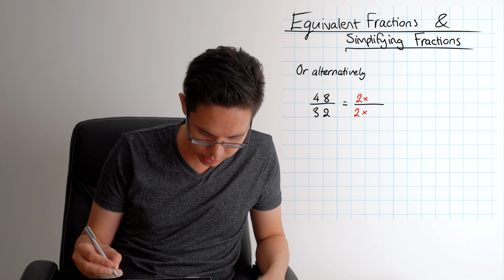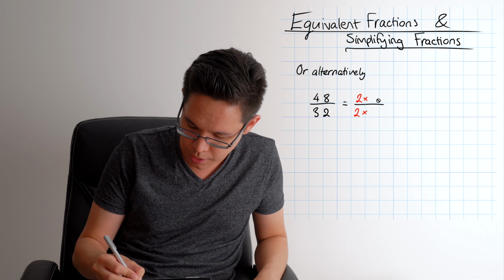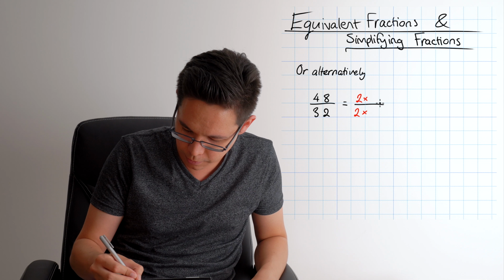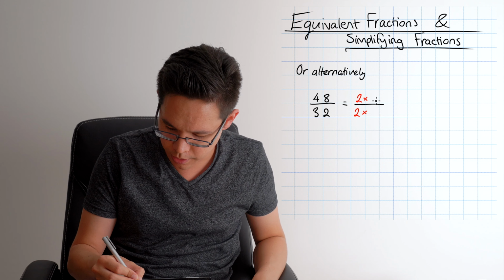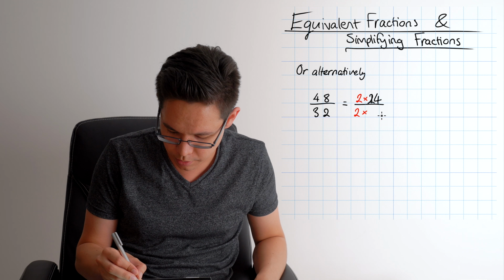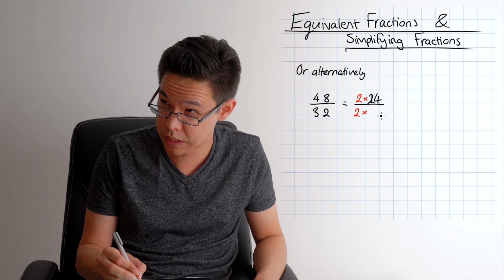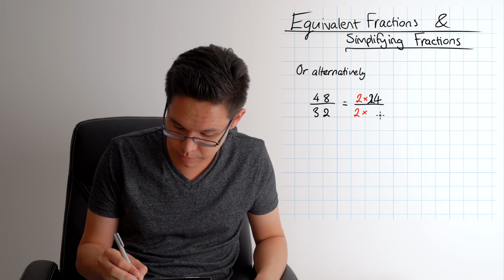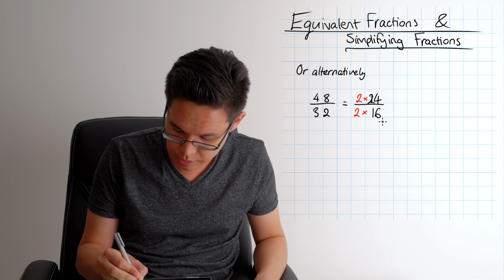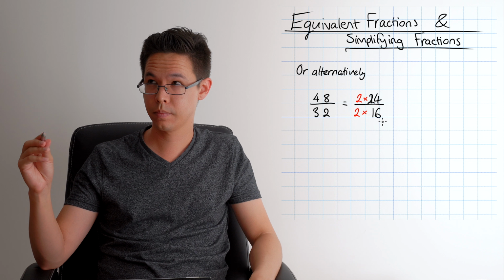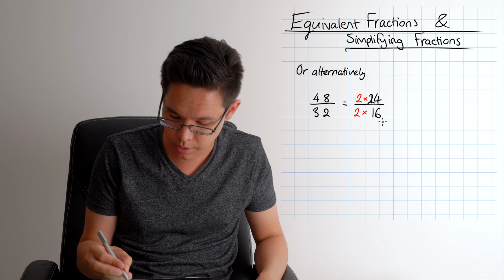So that's basically going to be the same value as, oh, sorry, let me just fix my layer here. That'll be the same thing as 2 lots of 24 to give me 48. And the denominator, 32, is the same thing as 2 lots of 16.